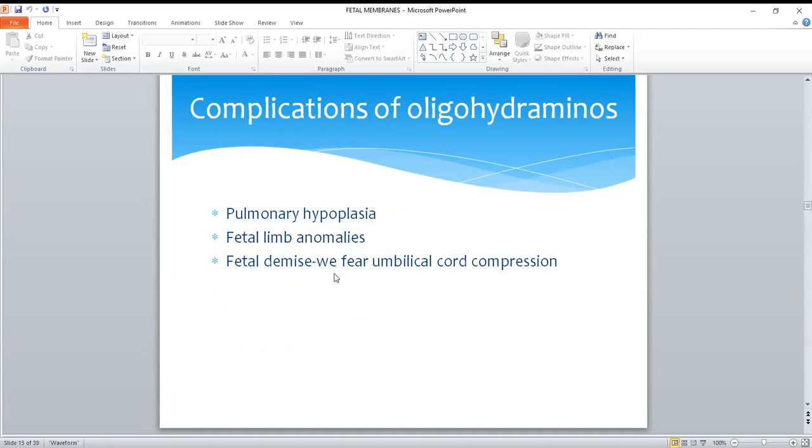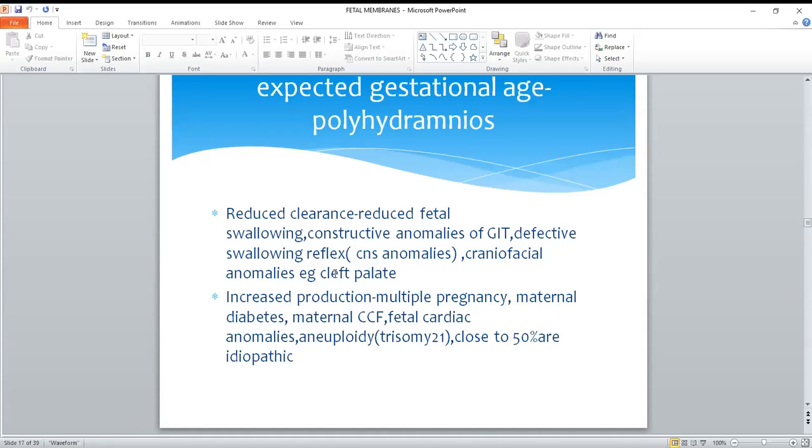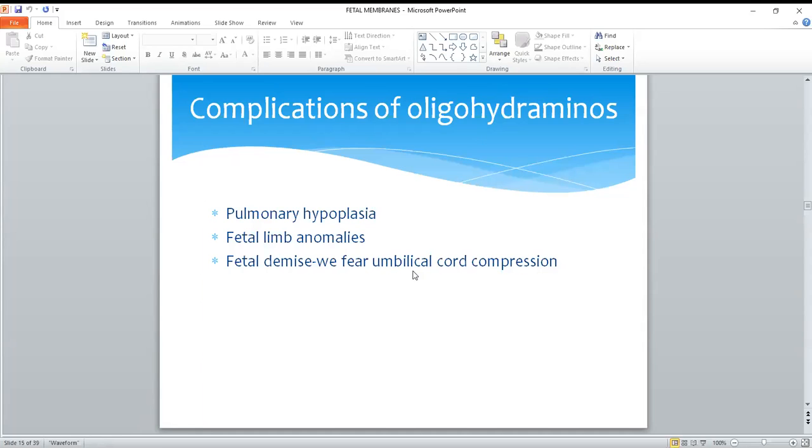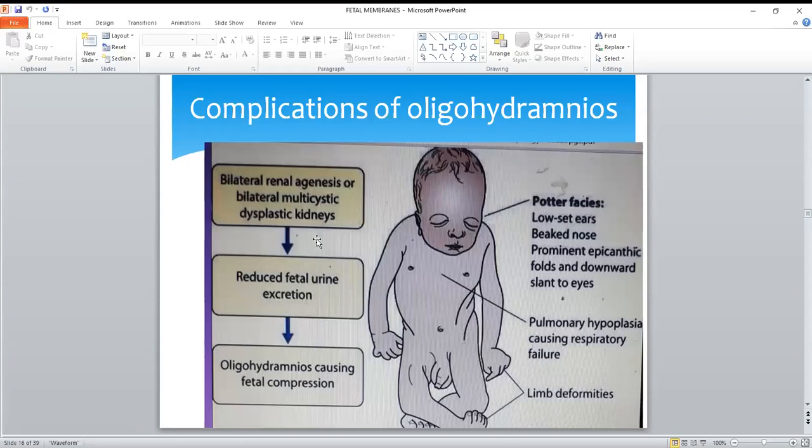Let me go to a picture first. Here, like this, fetal limb anomalies, this is how it comes about. I said earlier that the amniotic fluid helps in the development of the musculoskeletal system.